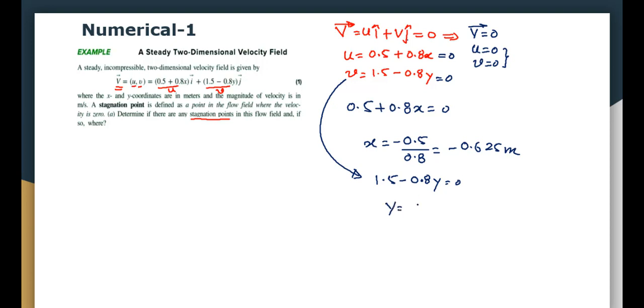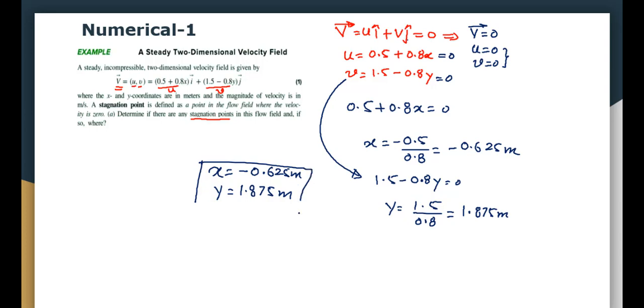That means y is equal to 1.5 divided by 0.8, which is equal to 1.875 meter. So we have x equal to minus 0.625 meter and y equal to 1.875 meter.